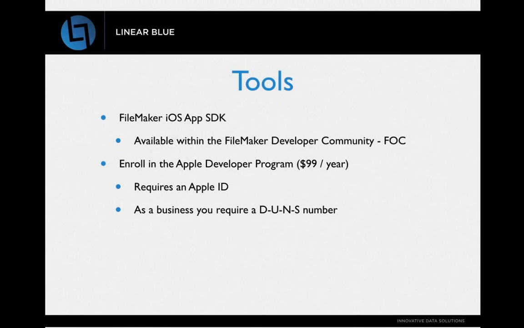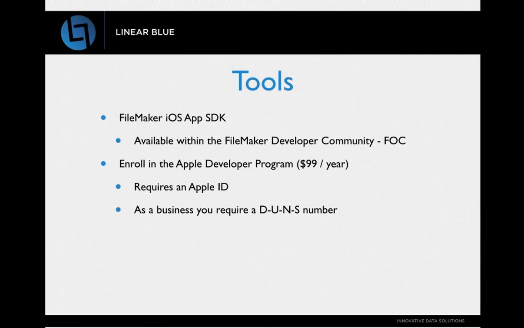It's an ID from Dun & Bradstreet. It's free of charge. It takes a couple of weeks to get, and it allows businesses to verify you as a company. It's quite an easy process. You can do it all online. Once you've got your DUNS number, you can then put that into your application for the Apple Developer Program, and normally that will take a few weeks.